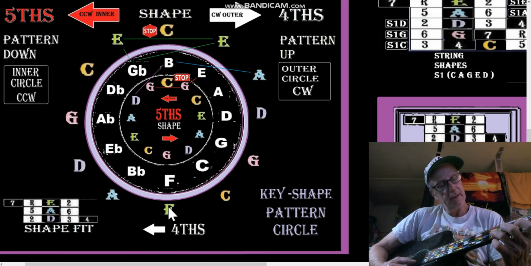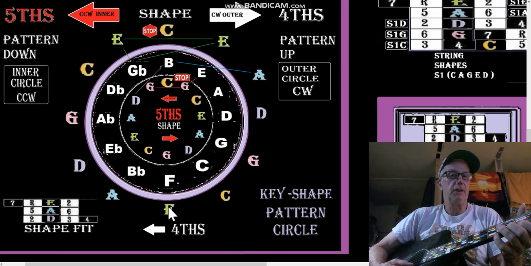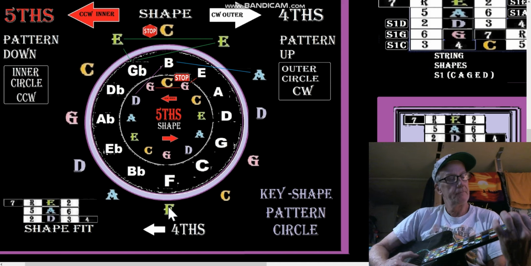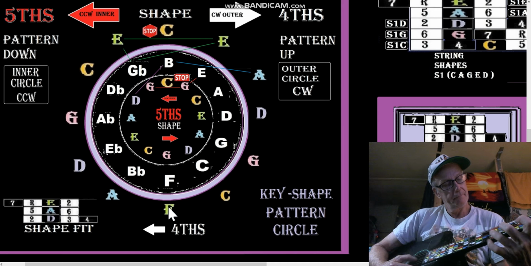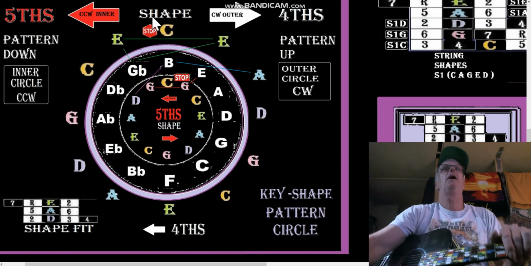D, A, and then the 5th of A string shape is E again. So that's the diatonic on the root.